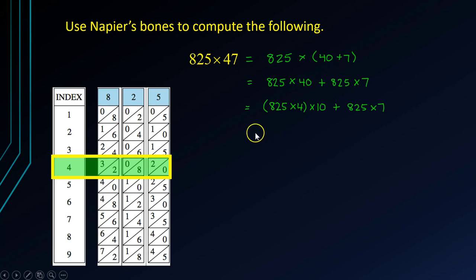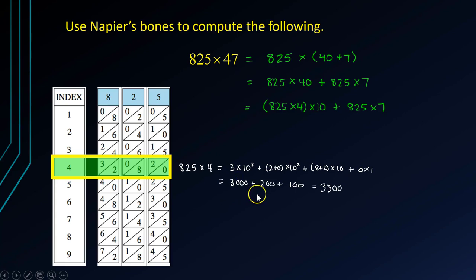So 825 times 4 would be 3 times 10 to the third, plus 2 plus 0 times 10 squared, plus 8 plus 2 times 10, plus 0 times 1. And so when I work those out, I get 3,300. So this value in here is going to get replaced with 3,300, which I'm going to multiply by 10 eventually.